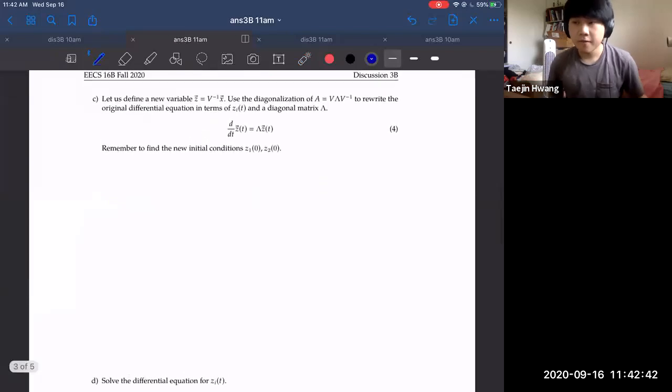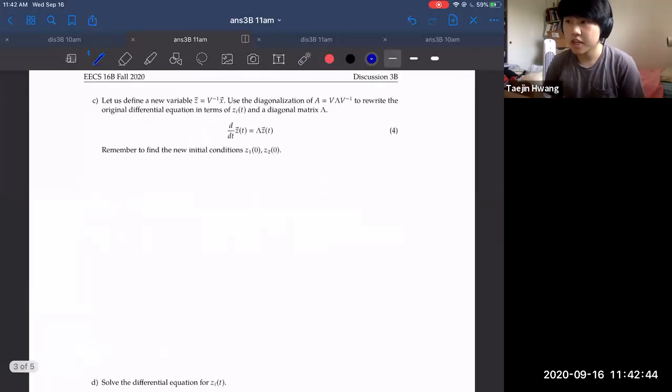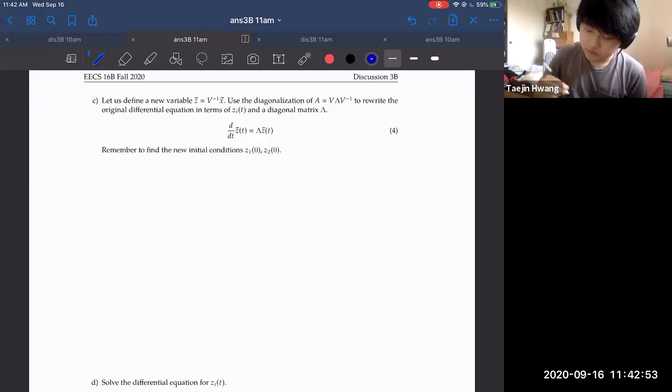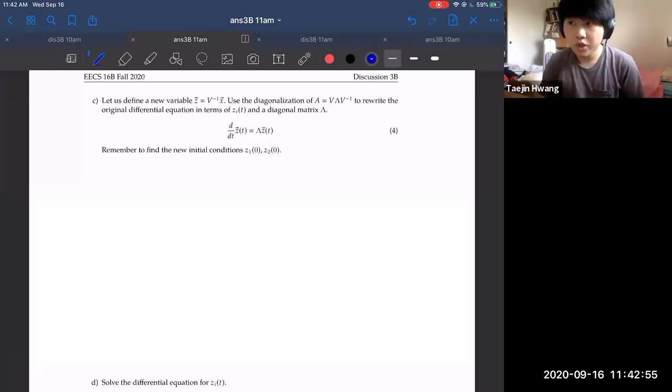The next step, as we've been alluding to a lot in this discussion, is to define a new variable, z equals V inverse x. And we want to use the results of diagonalization to rewrite this differential equation.